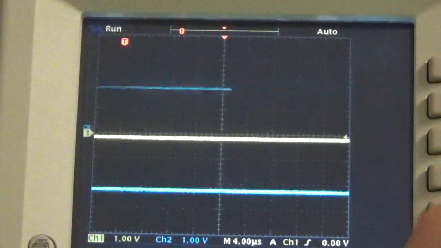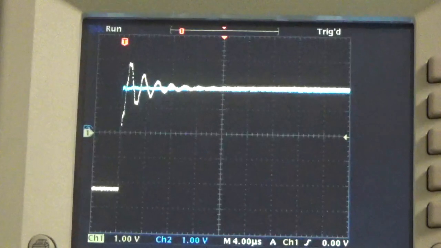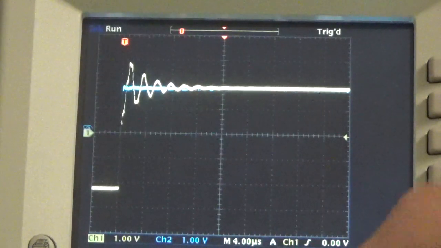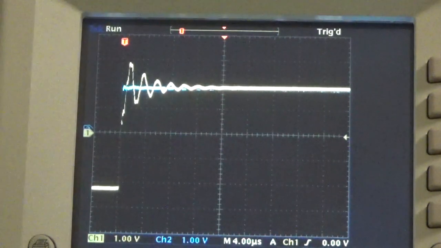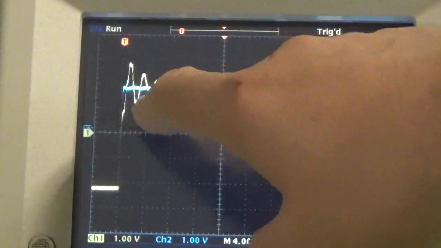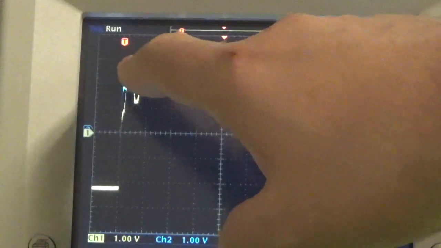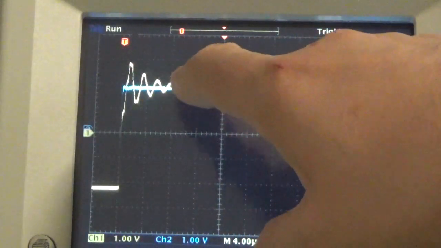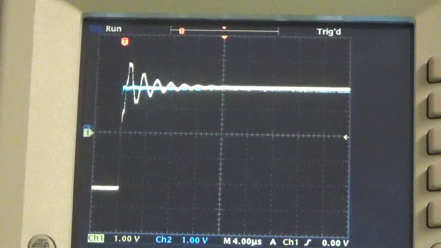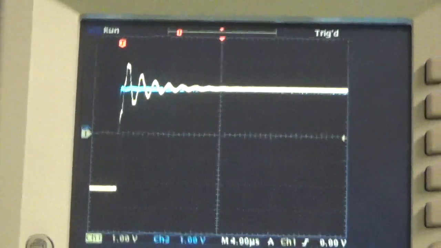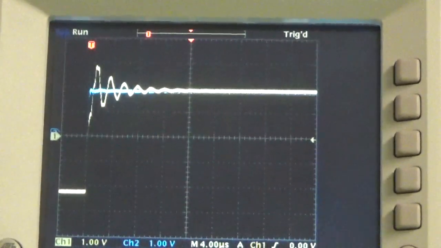Now I will try to read the signal. Also here you can see that the number of oscillations became fewer. Look, 1, 2, 3, 4, 5, 6 instead of 10. Yeah, they are about to disappear. I will show you that step by step.